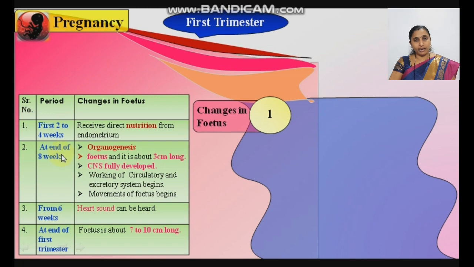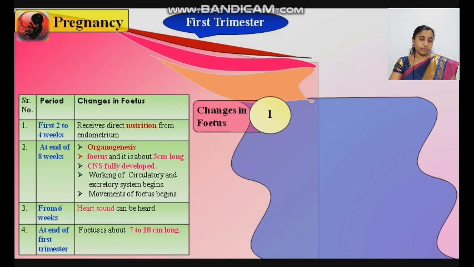At the end of 8 weeks, organogenesis, the formation of organs, is complete. The fetus is about 3 cm long. The central nervous system, that is the brain and spinal cord, is fully developed. The nervous system has 3 types: peripheral, autonomous and central.